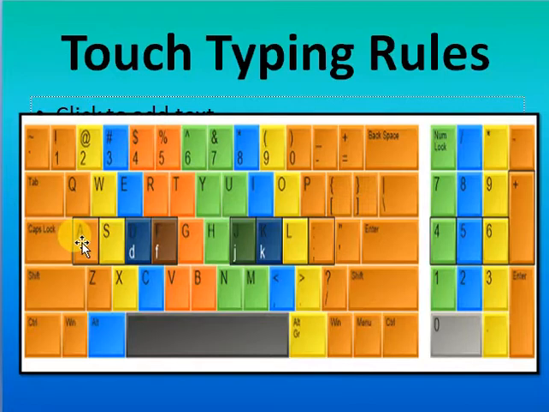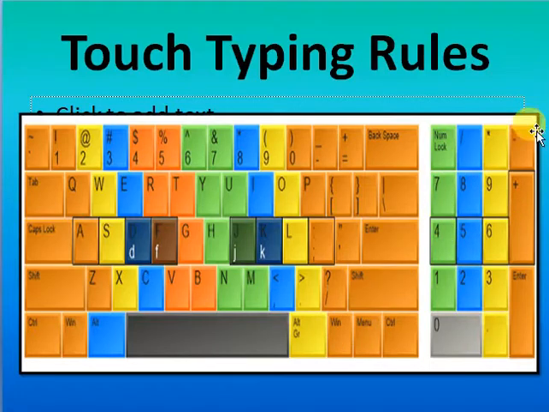Suppose the base key is A: from the A key you can also press the upper row Q and the lower row Z, and also keys like Control, Windows, Shift, Caps Lock, Tab, and Escape. If you have your finger on L, the base key, you can press with the finger movement L, O, 9 and the symbols below and the Alt and other symbols also.